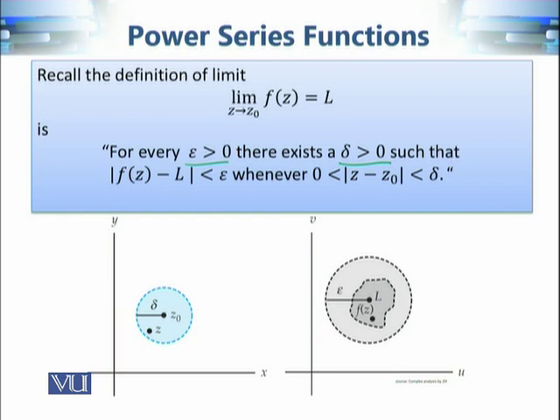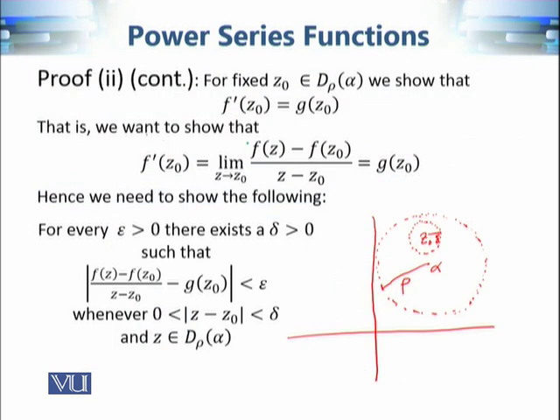So the functional values are getting closer and closer to L, and they are as close as we want to this number L. Now in this case, the function is replaced with the expression f of z minus f of z0 over z minus z0, and L is replaced with g of z0. So the expression becomes: for every epsilon there exists delta such that this is less than epsilon whenever the modulus of z minus z0 is less than delta.